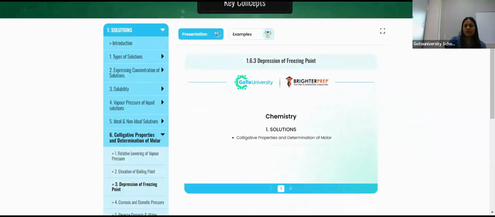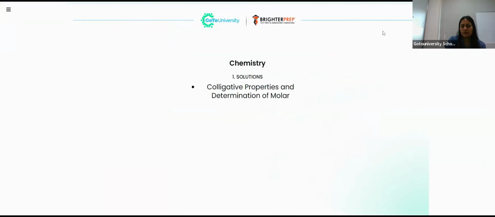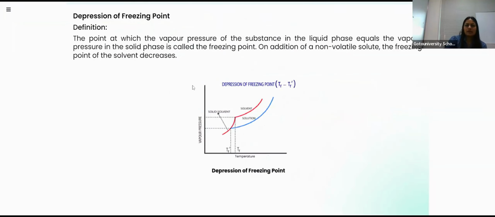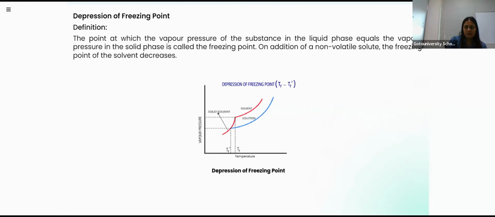For freezing point, can anyone tell what is freezing point? Yes, where the vapor pressure of solid and the vapor pressure of liquid become equal. And we observed here a decrease in freezing point, and a point where the freezing point of solvent and the freezing point of solution meet at one point.